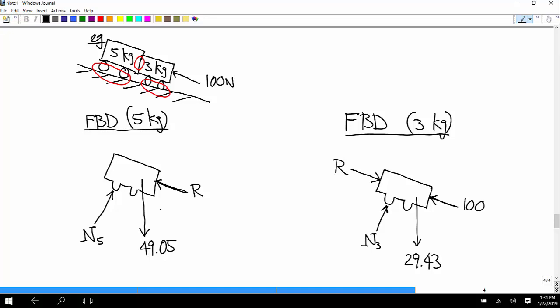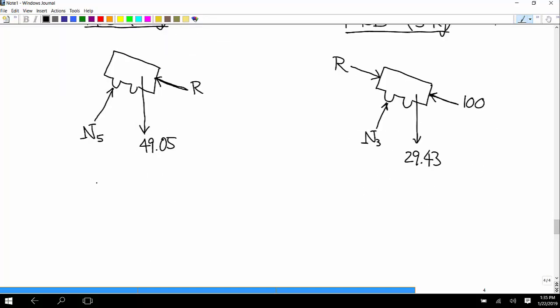This is F5,3. This is F3,5. They have the same magnitude in the opposite direction. So notice F5,3 is negative F3,5.